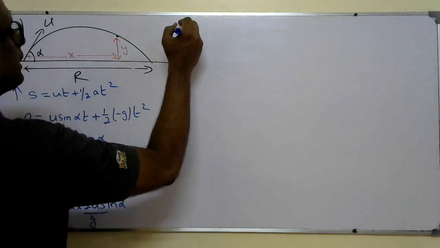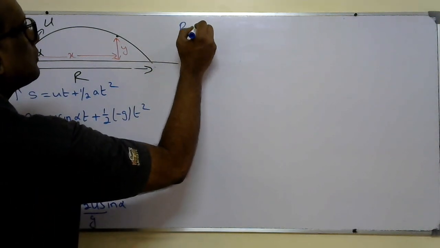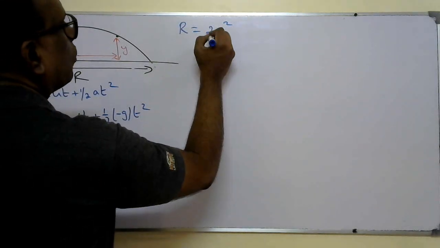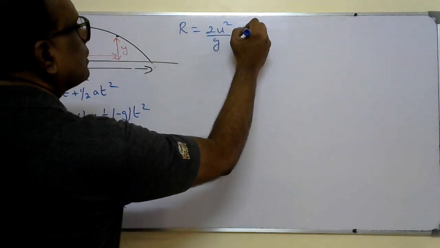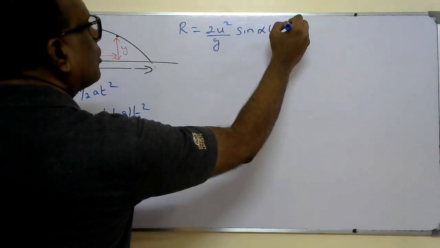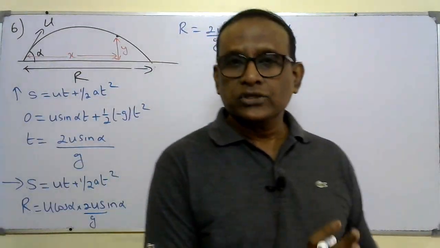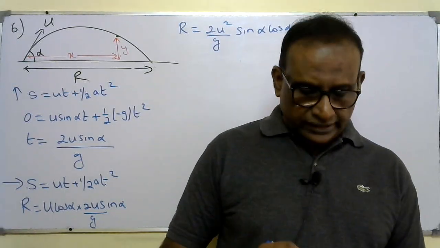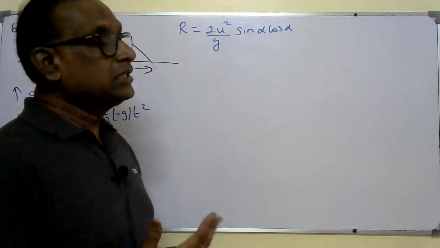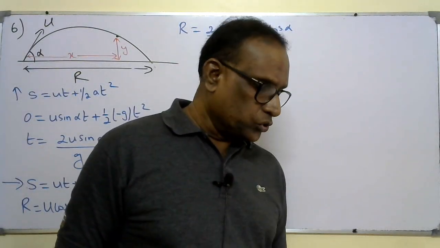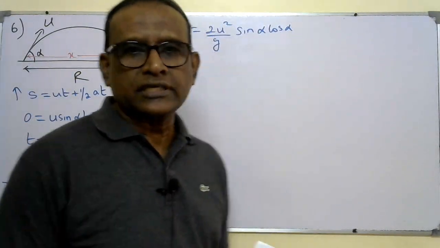So r is going to be 2u squared over g sine alpha cos alpha. We might use this because mostly we will use u squared, as u is not given in the question. So I included that. Even the answer does not have 2. Okay, so most probably I'll use the u squared later.